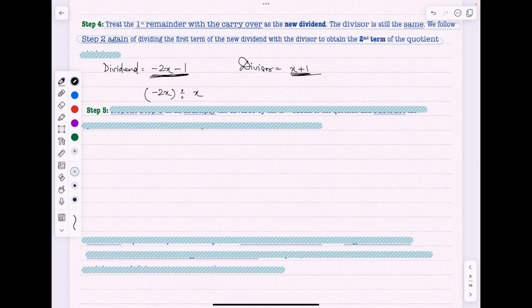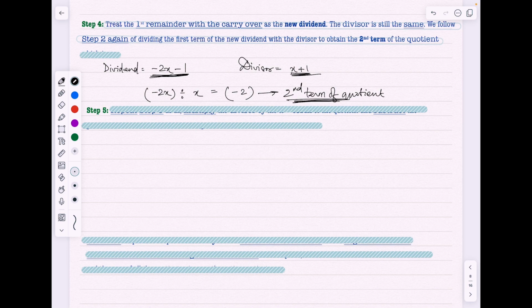The result of this division, the first term of the dividend by the first term of the divisor, will give you the second term of the coefficient, that is minus 2. This is the second term of the quotient. The number of times you do this division, the number of terms you will be getting in the quotient part. Since this is the second time you are doing it, this is the second term of the quotient. Getting it? So minus 2 is the second term of the quotient.